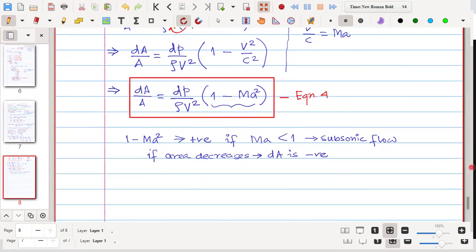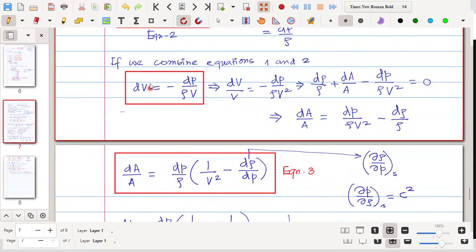So if area decreases, dA is negative and therefore dP is positive. Now, if dP is positive, what about dV? We have just mentioned that if dP is positive, dV is negative.